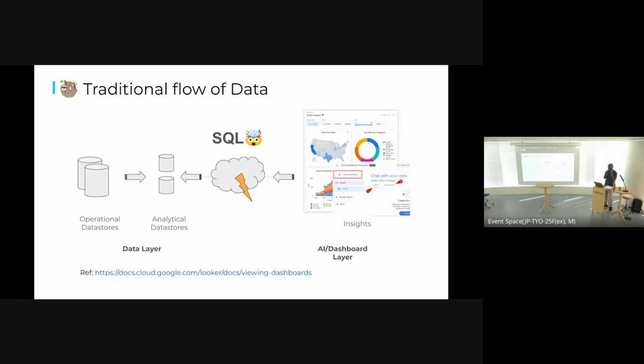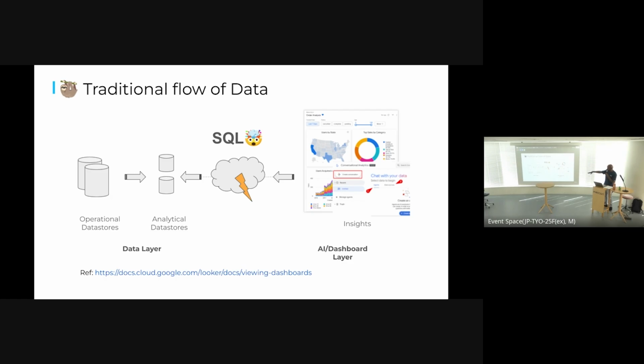So that's where a lot of engineers and analysts come into play. They are well versed in SQL and they write SQL. Now AI has the context of SQL, and you can also use AI to write SQL.